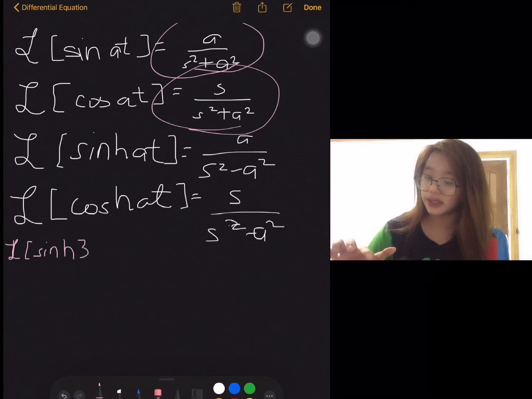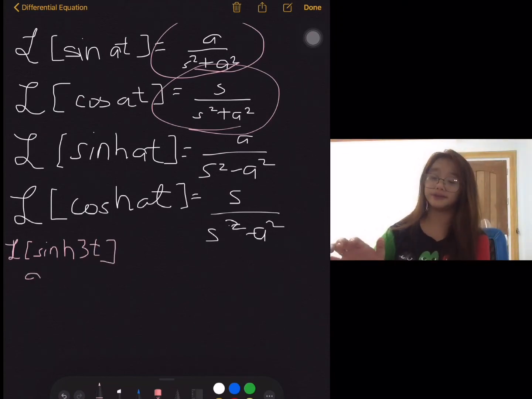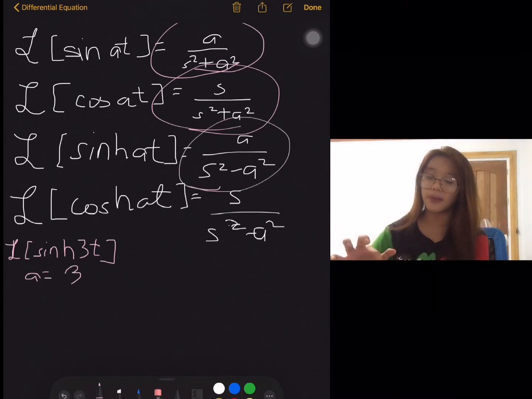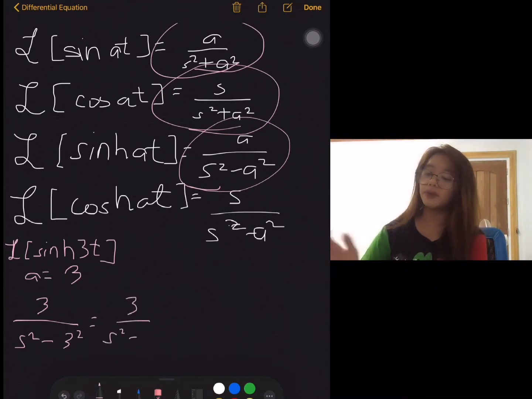Our a here is 3. Substituting here, we will have 3 over s squared minus 3 squared. Now 3 squared is 9, so this will be our final answer.